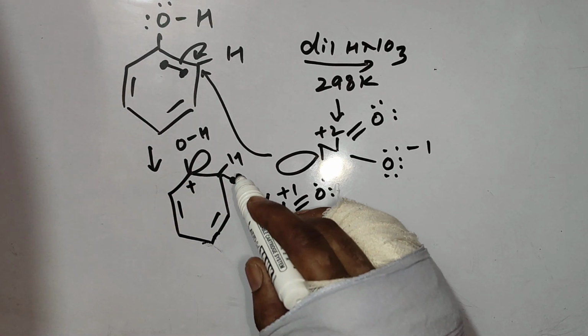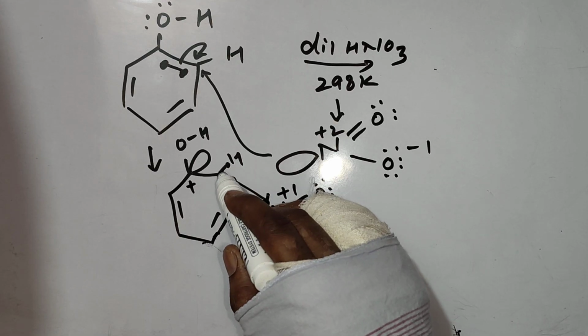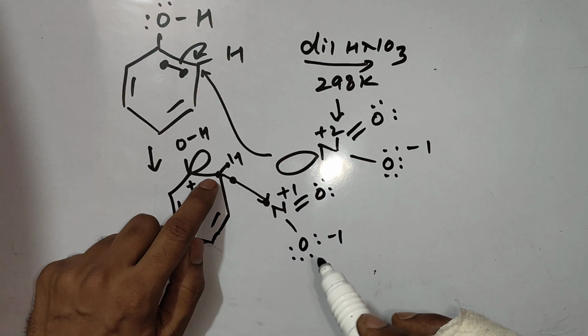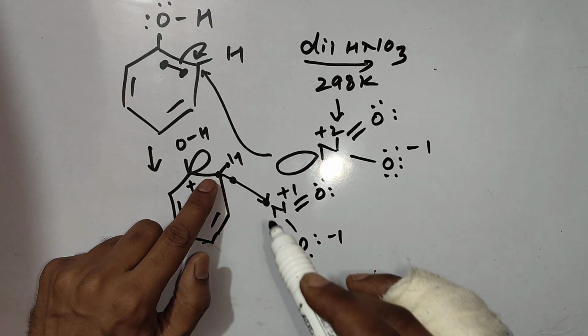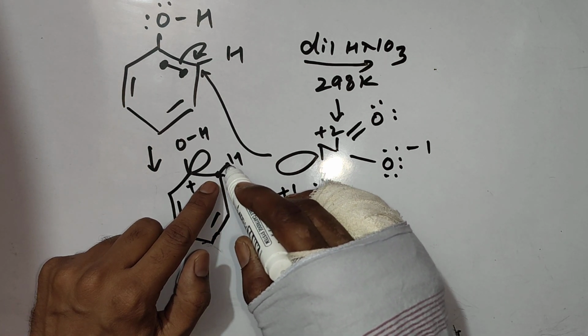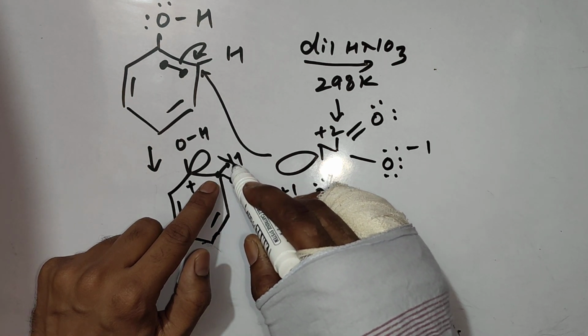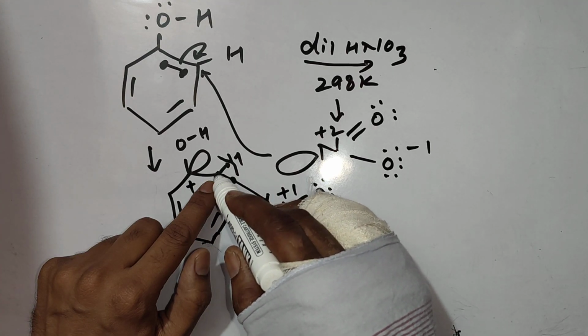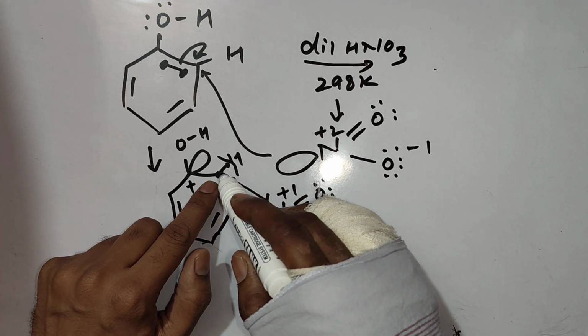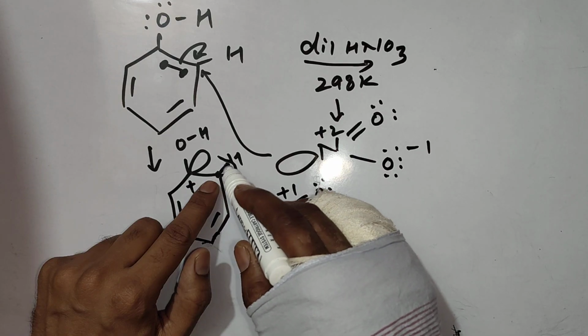So what will happen next? This carbon, this one, which has created this carbocation, will finish this carbocation. How? It will break bond from its hydrogen, and obviously when the bond breaks, the electrons will go toward carbon because this carbon is more electronegative than this hydrogen. And what will this carbon do with this electron?